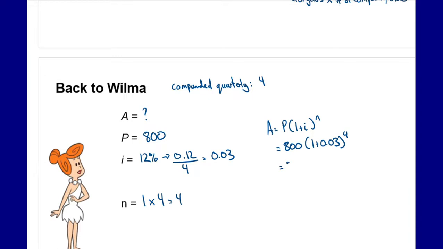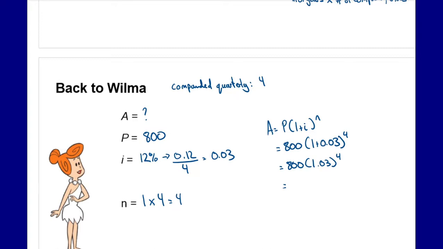So this becomes 800 times 1.03 to the power of 4. And you can see how this formula comes about, because the 1.03 is essentially 1, or the initial value, plus 3%, and it's raised to the power of 4. So that means we're multiplying 800 by 1.03, getting an answer.